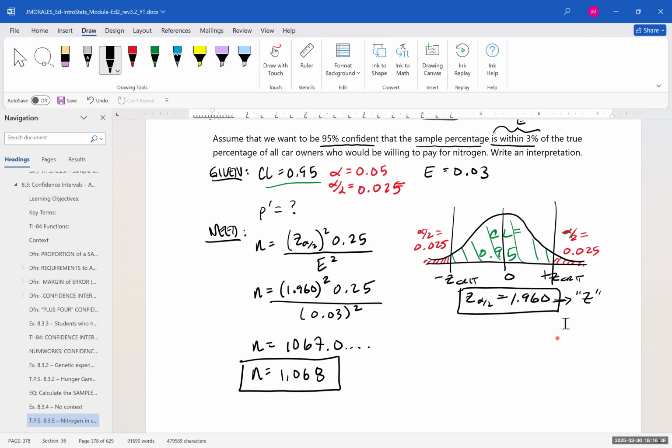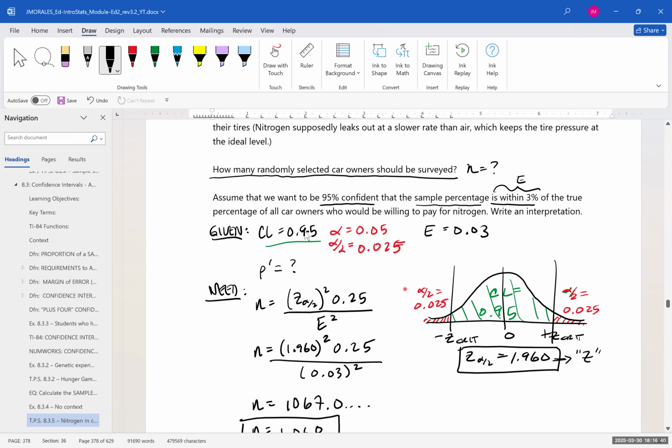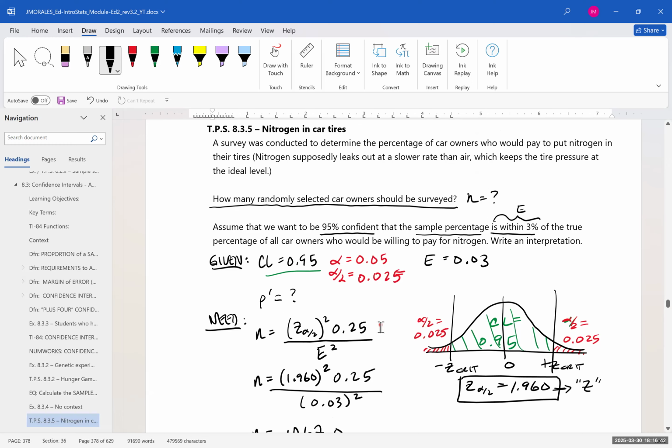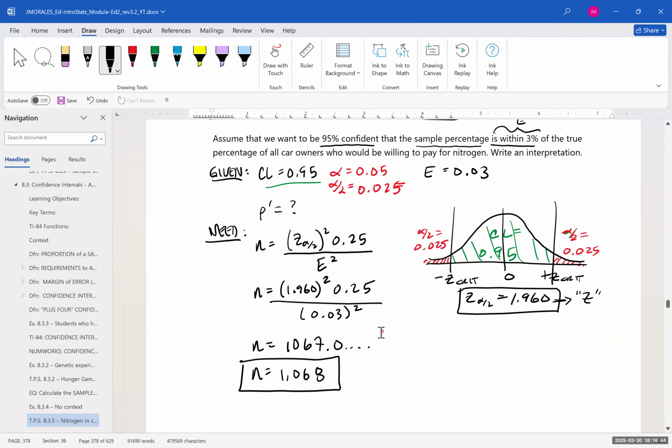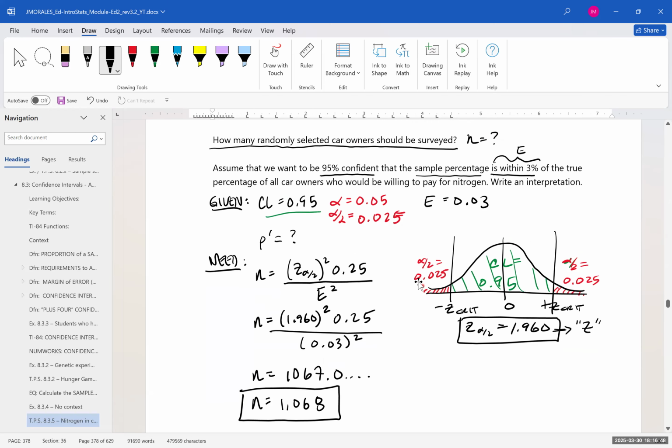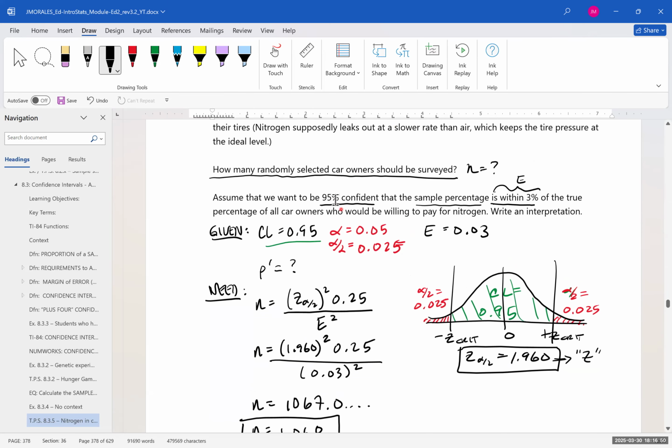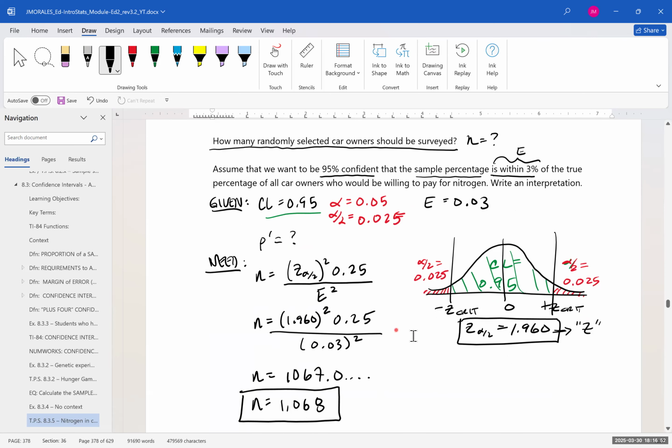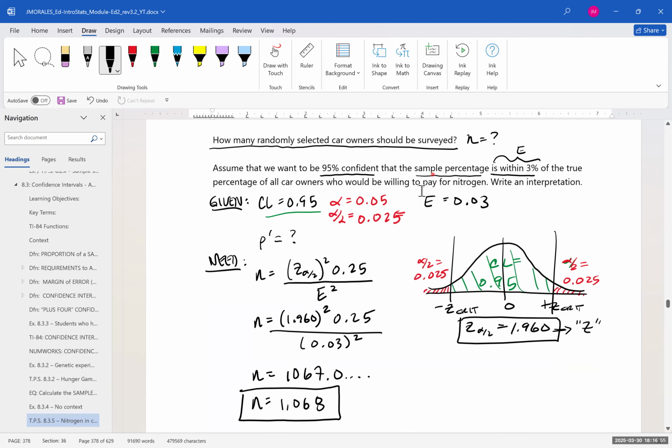So that's the number of car owners that we need to survey to see if they would truly be interested in filling their tires with nitrogen with a 95% confidence level. And you see this one, we have no idea what people are going to think.